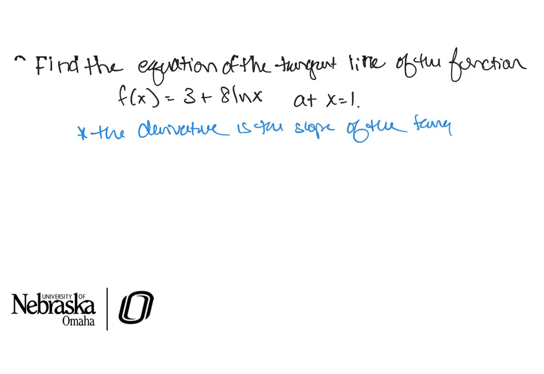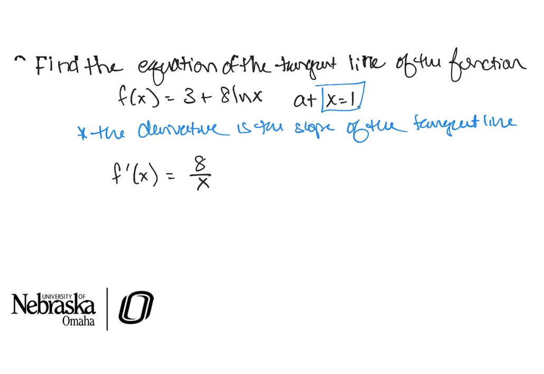So if we find the derivative of this function, we will know the slope, and then we can use this fact to find the rest of the equation of the tangent line. So the derivative of this, f prime of x, is 8 over x, right? The derivative of 3 is 0. The derivative of 8 natural log of x is 8 over x.